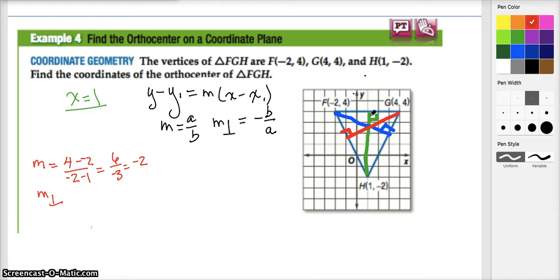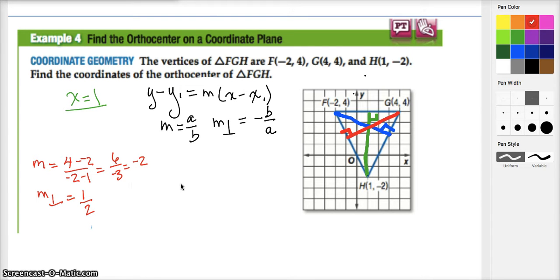Now, for the perpendicular line, we will change the sign, so instead of negative, it'll be positive. And then we'll take the reciprocal of 2, 2 being 2 over 1, so the slope is 1/2. And that is the slope of the red line.